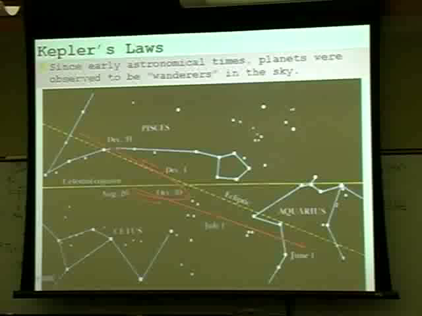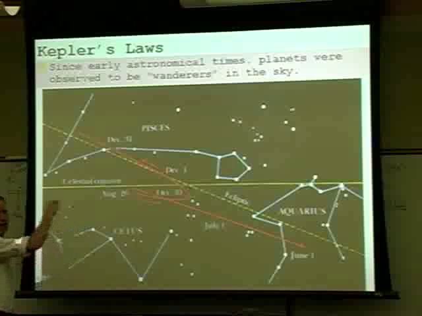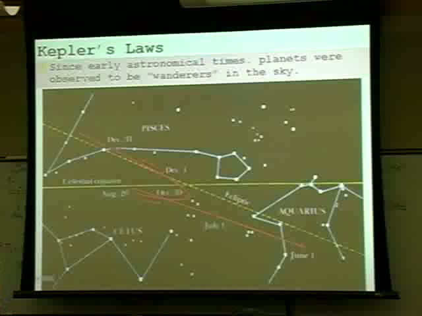Over the course of days and weeks and months, they moved against that background in the opposite direction of the background was moving across the sky. And from time to time, those objects would do a loop-de-loop in the sky. So they'd be moving along, fine in this direction, and all of a sudden they move back this way, and then they move back this way again. Those were called wanderers, or eventually they were called planets.